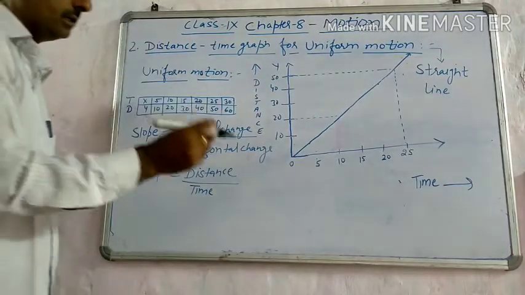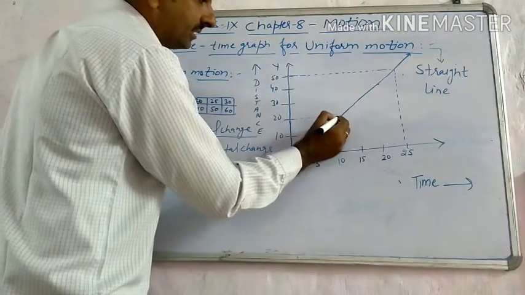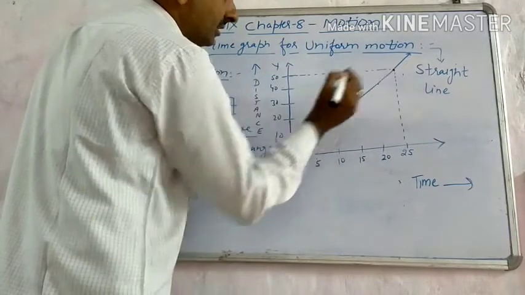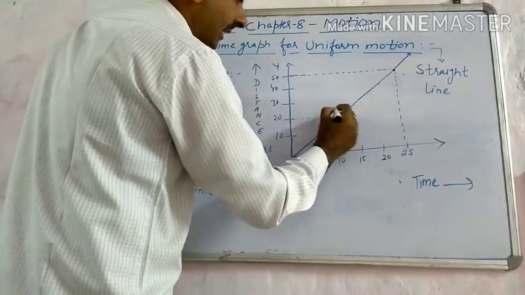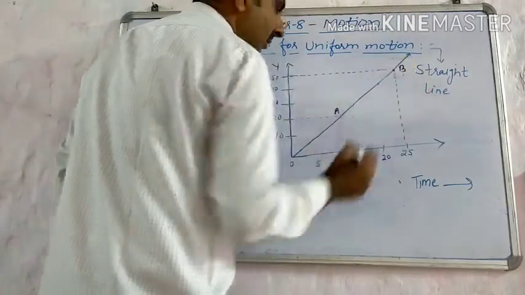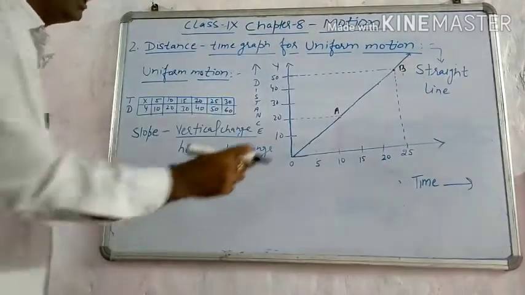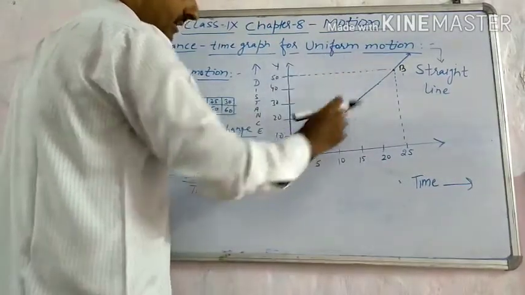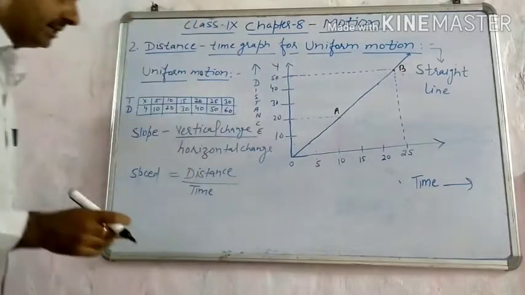Now let us take 2 points. Say this is one point and this is another point. This is A, and this is B. So now we want to calculate the speed between these 2 points. Then how will we calculate?